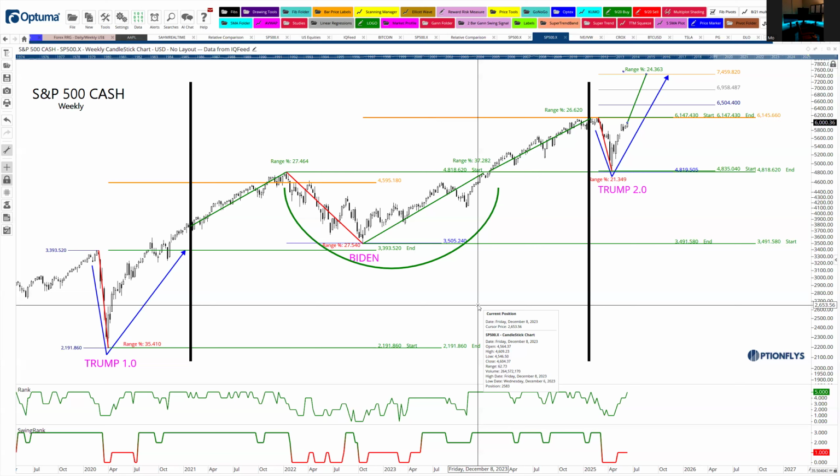SPX, you can go all the way to December 2030. Look at SPY, this is 17th December 27.